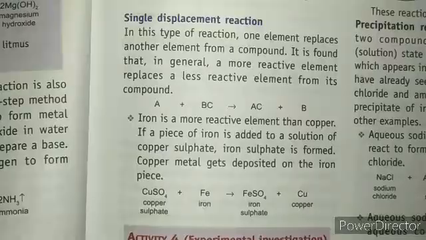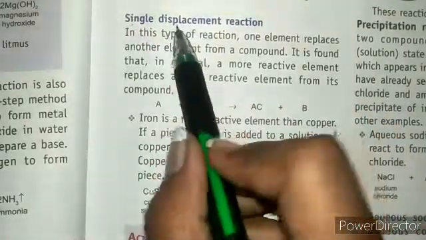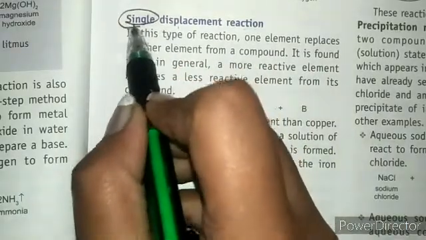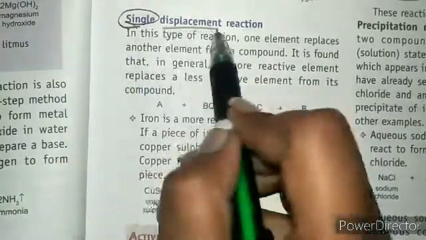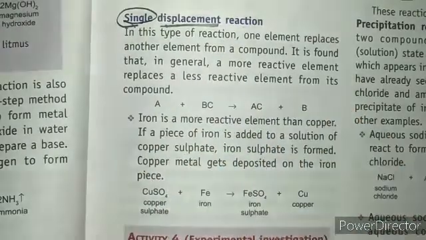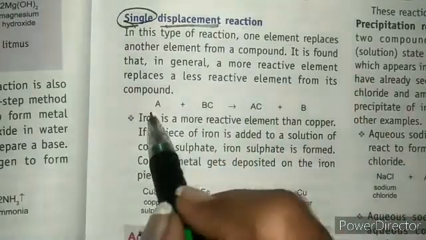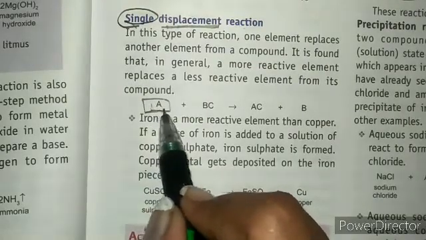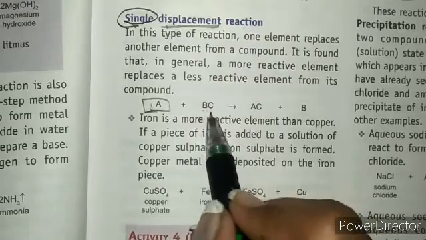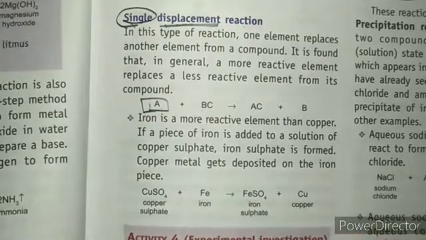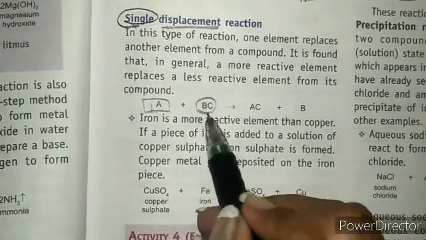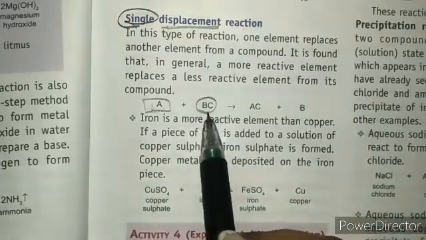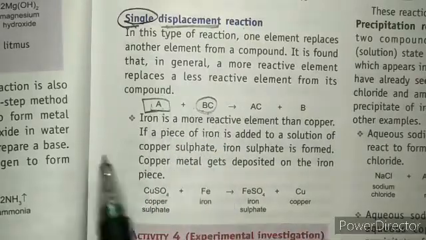The other one we have is single displacement reaction, in which a single element displaces its previous position. So let's see how it can occur. For example, A, we have a substance, and when it reacts with B and C, that means a complete compound, the element displaces its previous position.